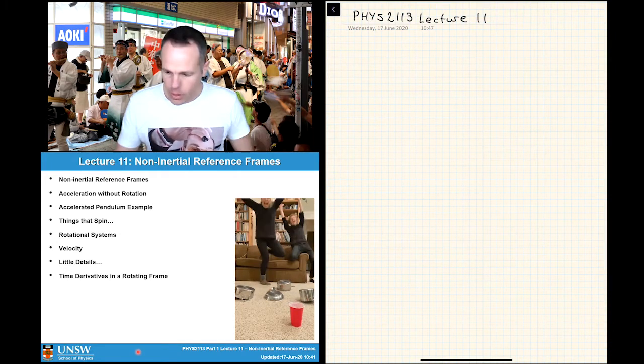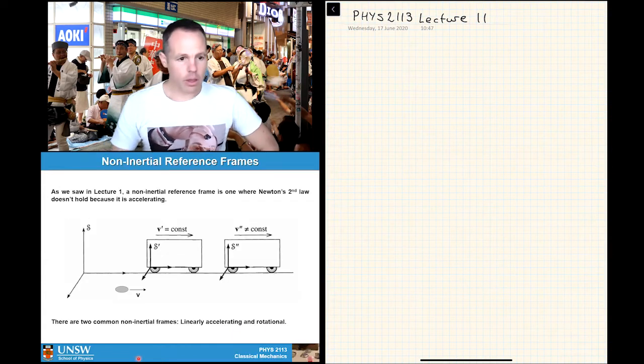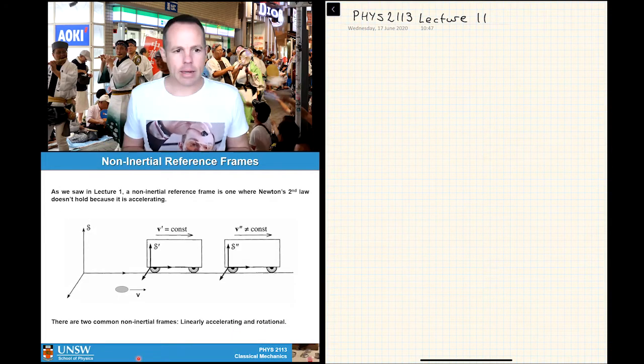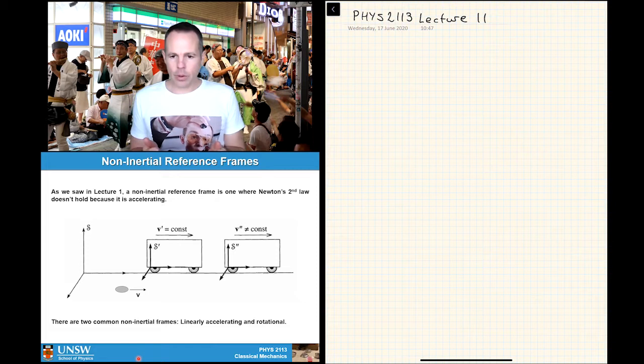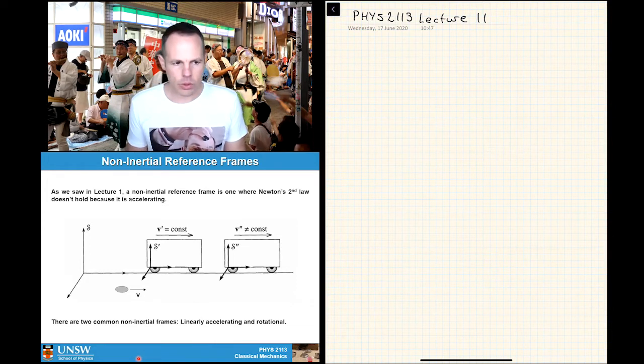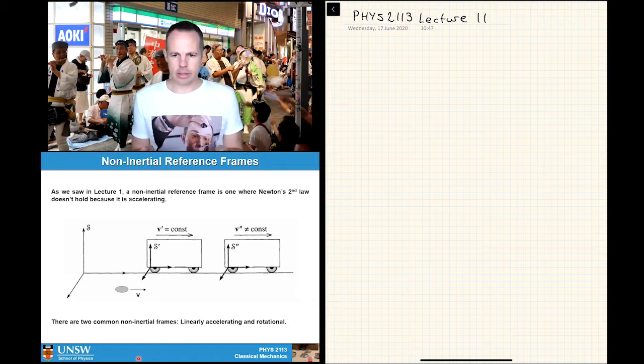Okay, so you'll remember way back in lecture 1, we introduced this concept of non-inertial reference frames. We basically said that a non-inertial reference frame is one where Newton's second law doesn't hold because that frame is accelerating in some way. Okay, and there's two common non-inertial reference frames.